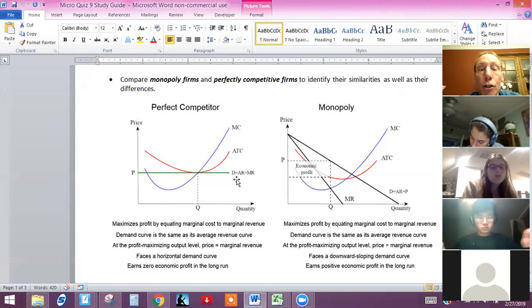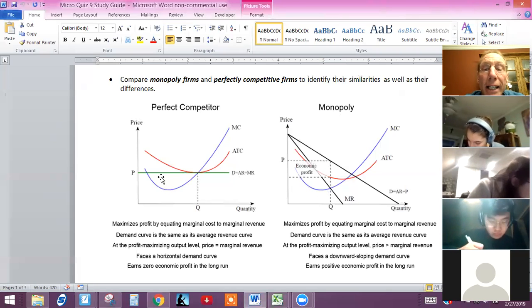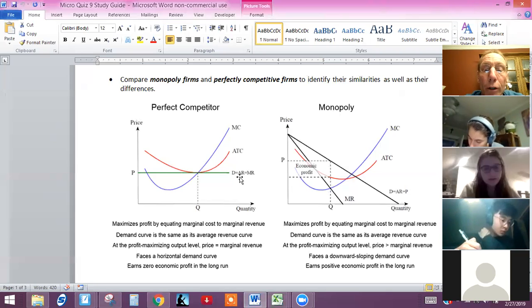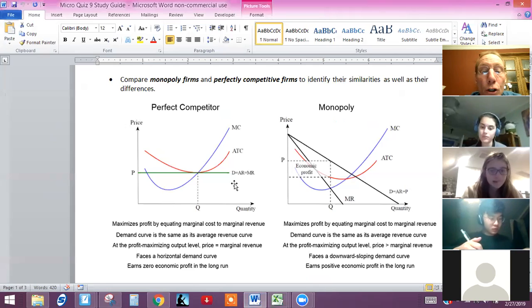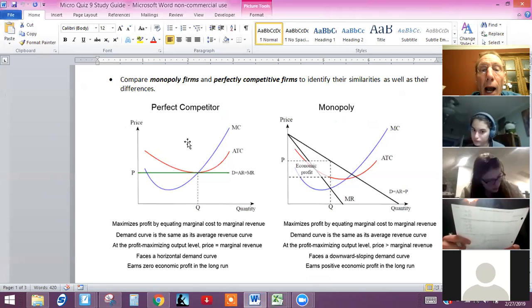So that's how they're different, but they're alike in that in both a monopoly and a perfect competitor, demand equals average revenue, because whatever the price is, that's the average revenue. Okay, so just go over this and make sure you're very comfortable with knowing how these two firms are alike and how they are different.